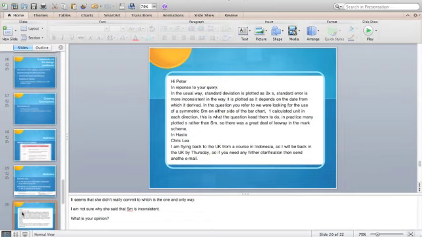It seems that there is a leeway on the standard error, so it can be 1 times, or it can also be 2 times standard error. What's your opinion? I'm not sure why she said that standard error is inconsistent. So maybe we need to figure that out.